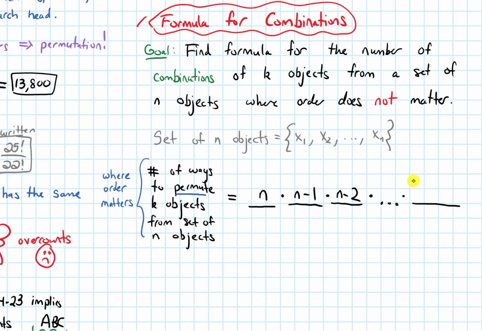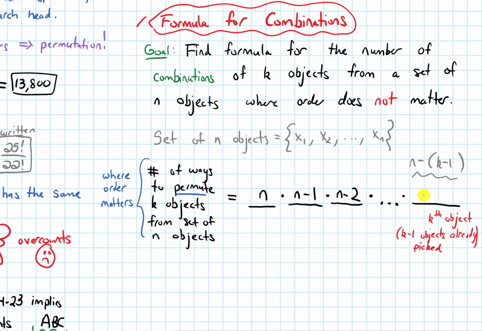Okay, and for the last slot, this is still going to be n minus something. But recall that this is the kth object that we're picking here. And there have been k minus 1 objects already picked at this point. And that's why we're still going to have n minus (k minus 1) choices left for this last object, for this kth object.